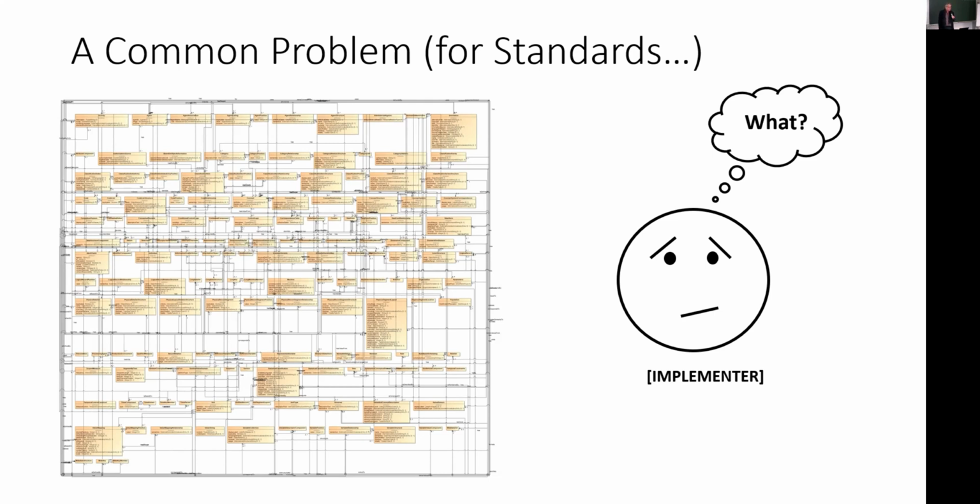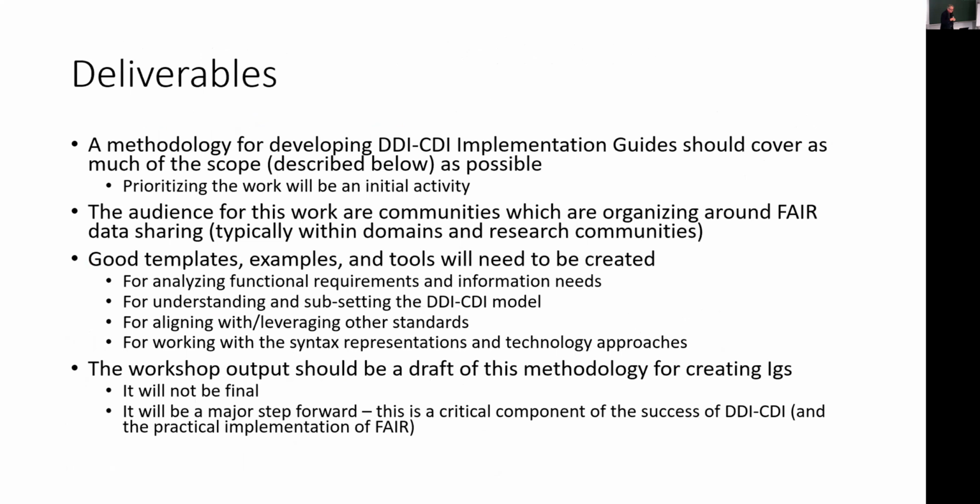But most implementers really want to get on with their job, to implement the thing, to know that it's compliant and will interoperate, and be done. And that's the goal. And so I think it's useful to bear that in mind. When we're looking at deliverables from this workshop, I would really like to come out of here with a complete first draft of a methodology for doing implementation guides.